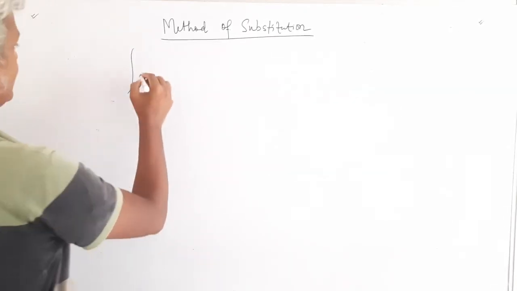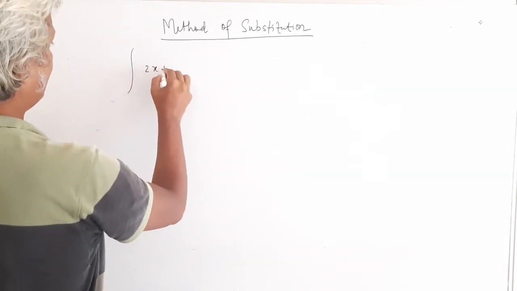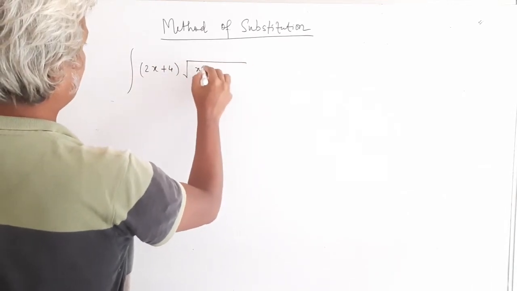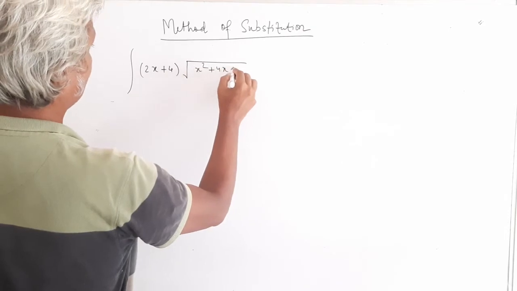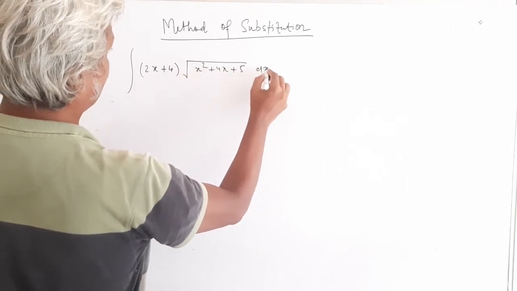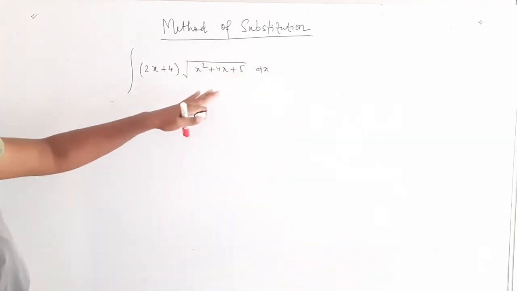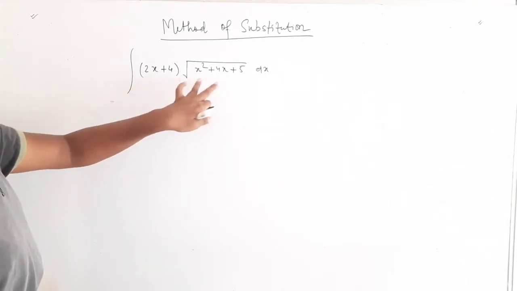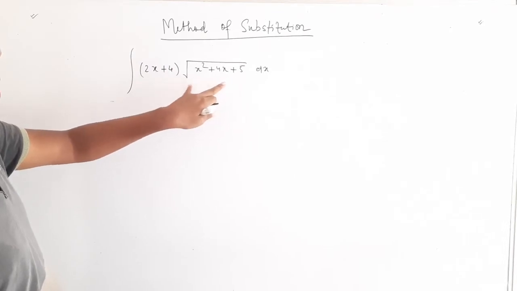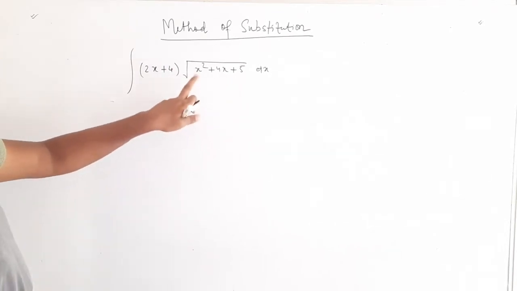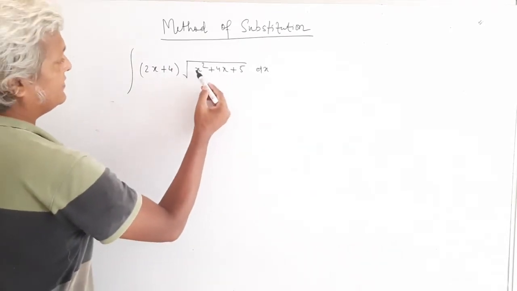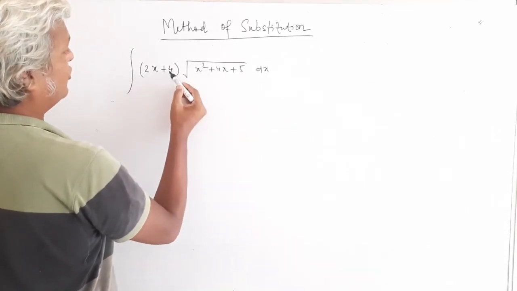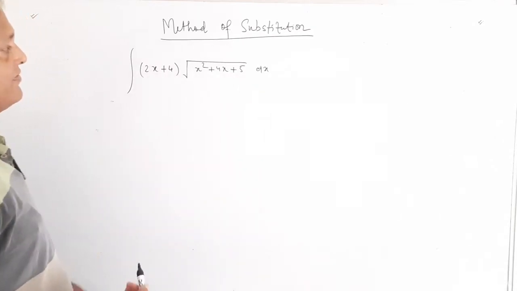Now I have another example which goes like 2x plus 4 times the square root of x square plus 4x plus 5, dx. You don't need to panic looking at the expression, because this is a linear term and this is a quadratic term, and that is also inside the root. But if you see properly, the differentiation of x square is 2x, differentiation of 4x is 4, and differentiation of the constant 5 is 0.